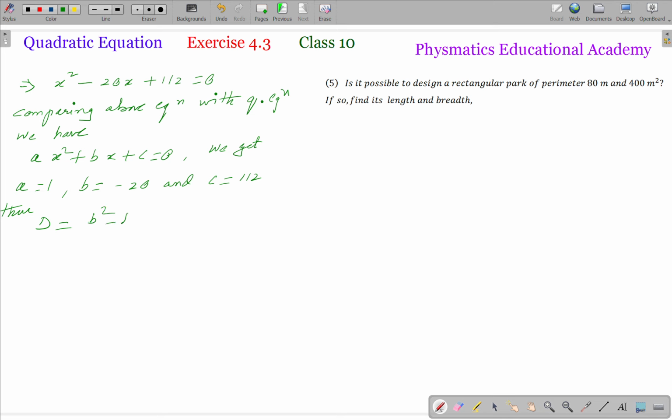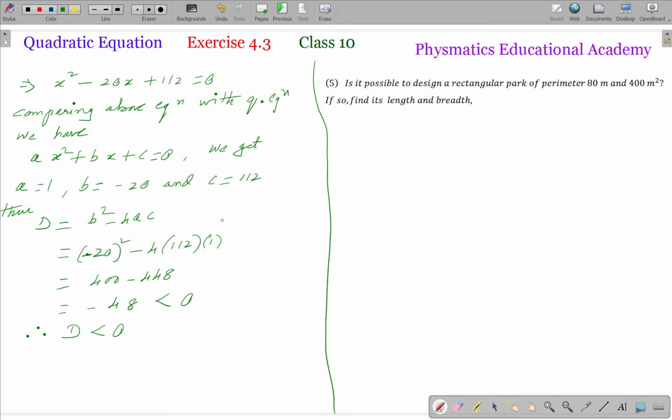Then D is equal to b square minus 4ac, that is minus 20 whole square minus 4 into 112 into 1, that is 400 minus 448, that is equal to minus 48, less than 0. Therefore D is less than 0.